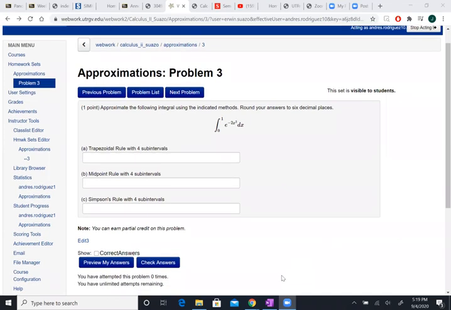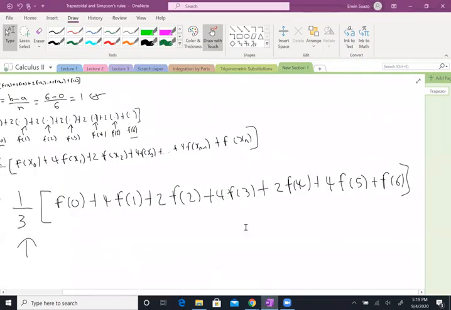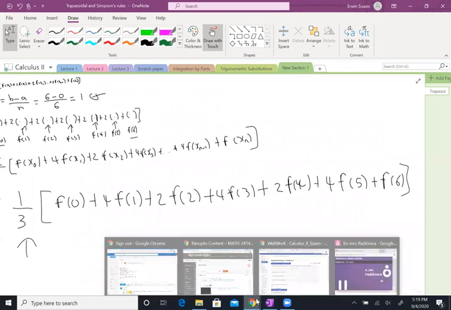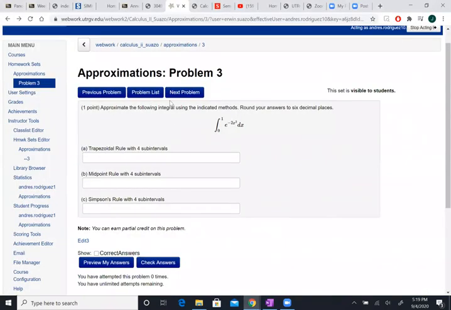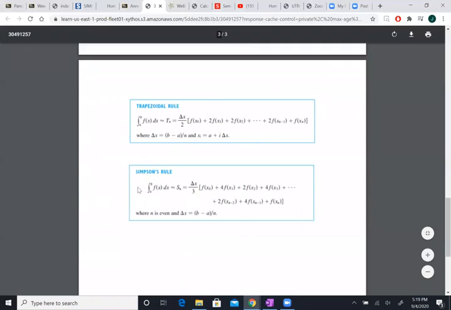Okay. So here we have our formulas page, and I have the trapezoidal rule and the Simpson rule.